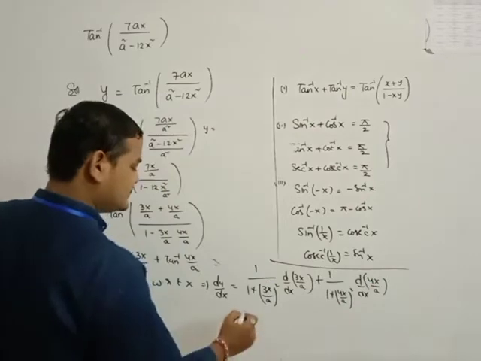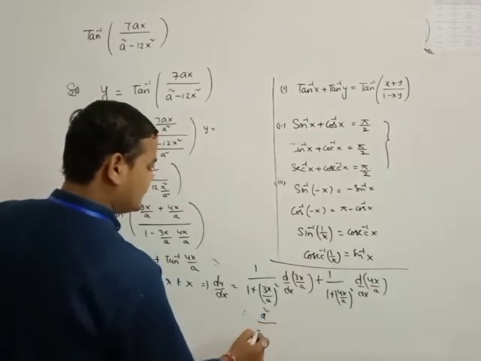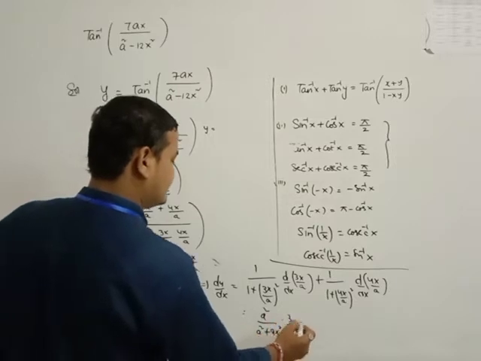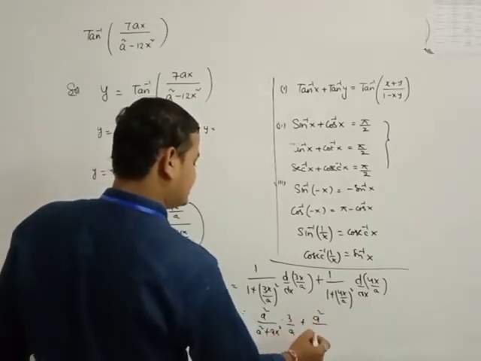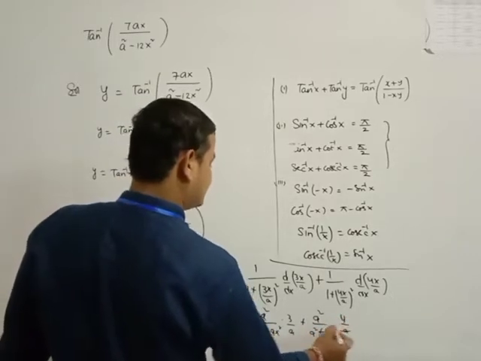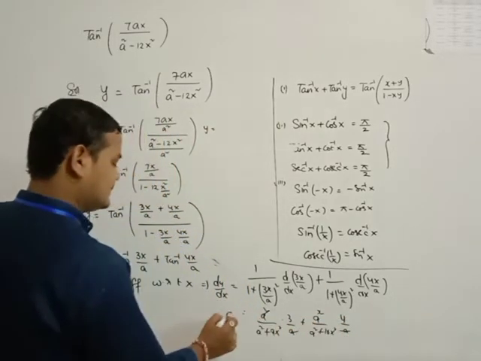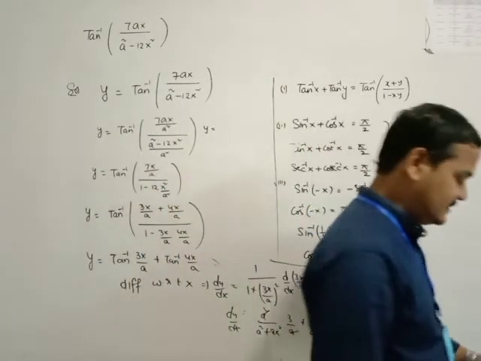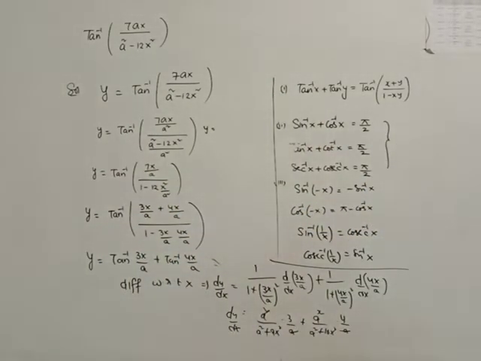So the derivative is a square by a square plus 9x square into 3 by a, plus a square by a square plus 16x square into 4 by a. The a square cancels. That is the final answer. Very good question. This is the answer. This is a question related to the inverse formula.